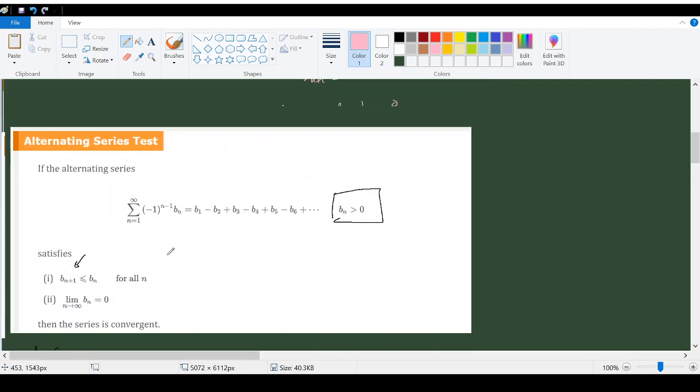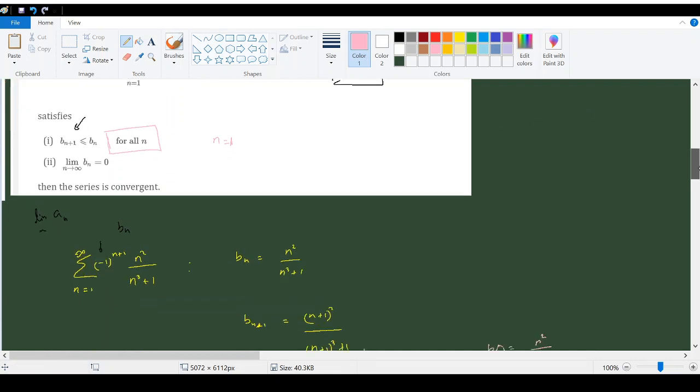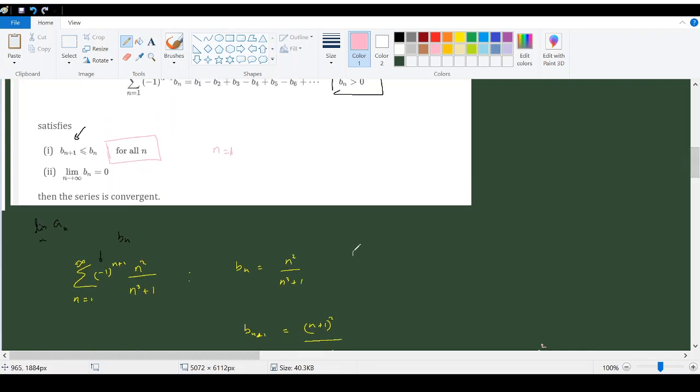But here in this statement they have mentioned for this condition to be true for all n. So our only concern is what will happen when n is equal to 1. So we can even do that manually, right?